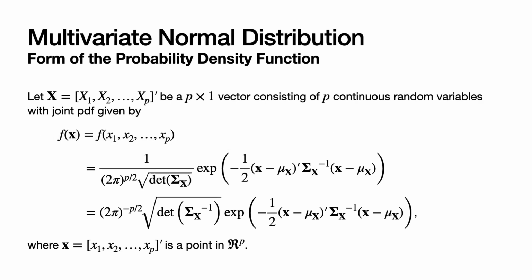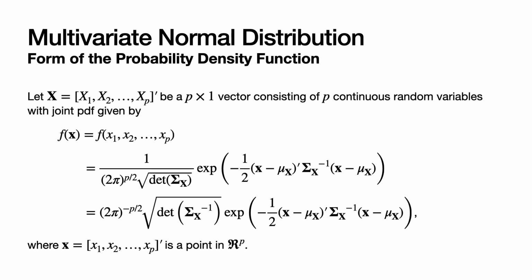So let bold X be a p by 1 vector consisting of p continuous random variables, x1, x2, and so forth up to x sub p, with joint PDF given by the following expression.